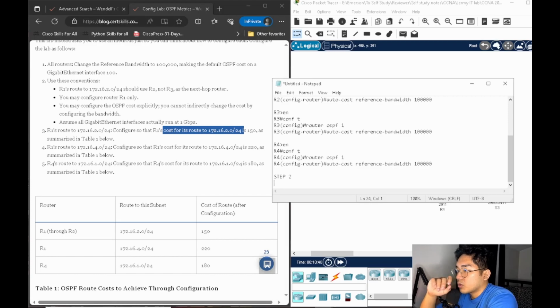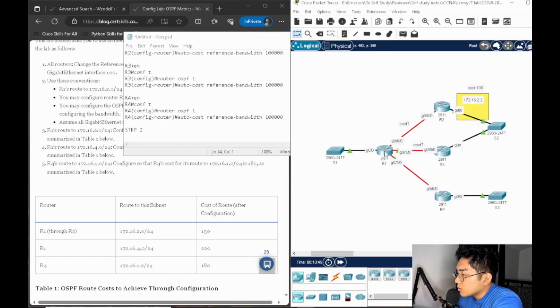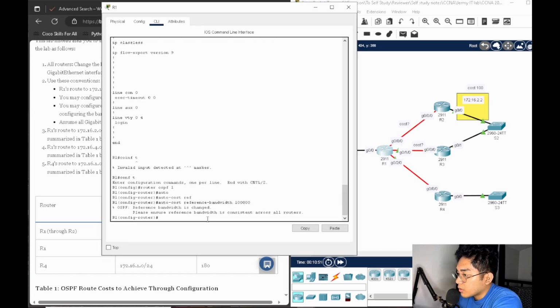We're not going to configure the other routers. So let's find out the cost before we do that.